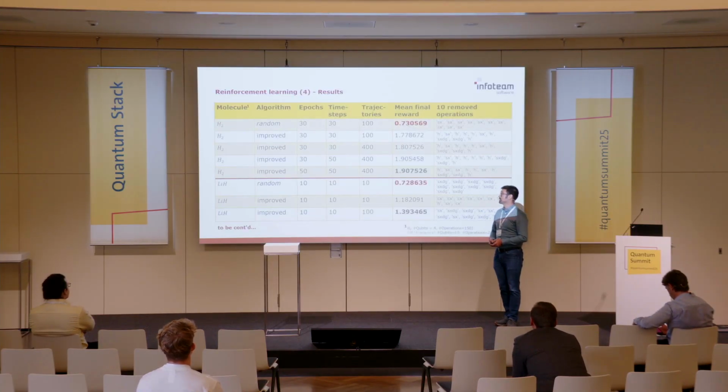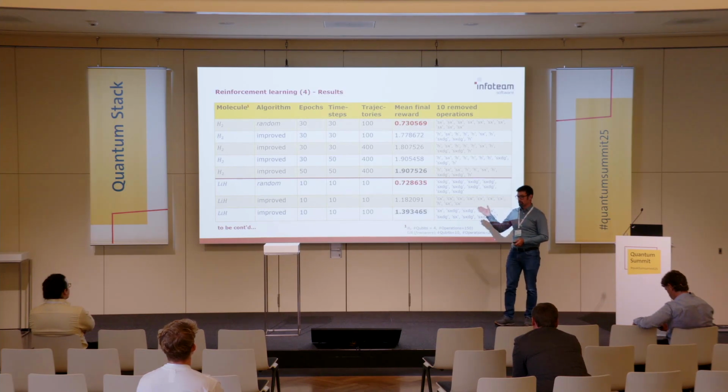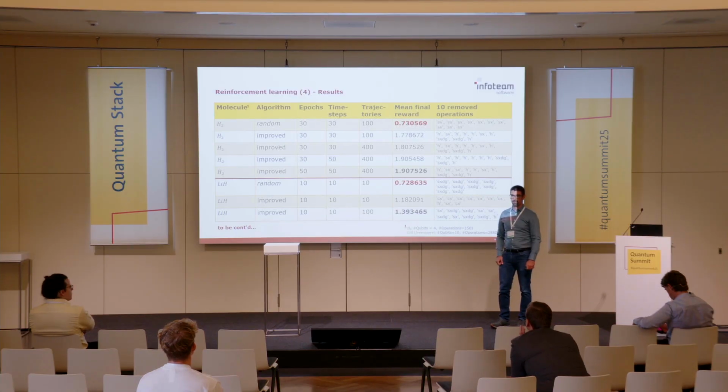These are our results. You see at the top the H2 molecule and then LiH. The red values show the random behavior. That's really random output, so the deviation of the exact ground state calculated and the resulting ground state is quite far away.